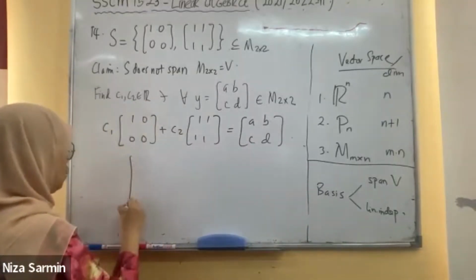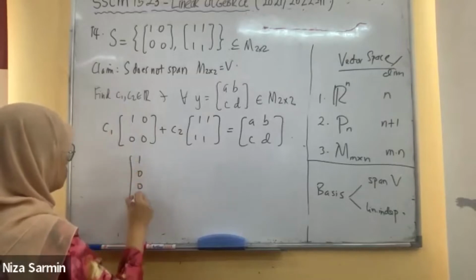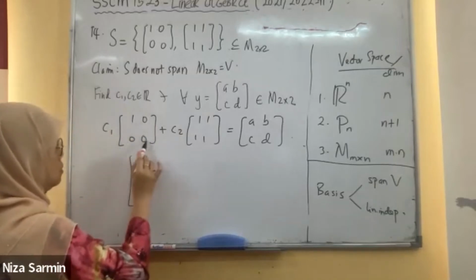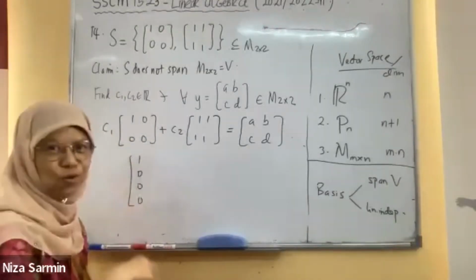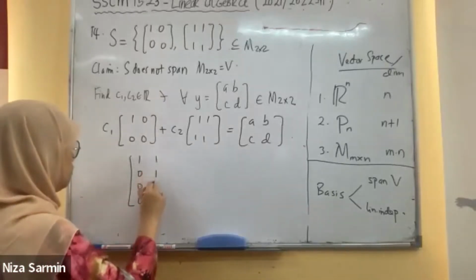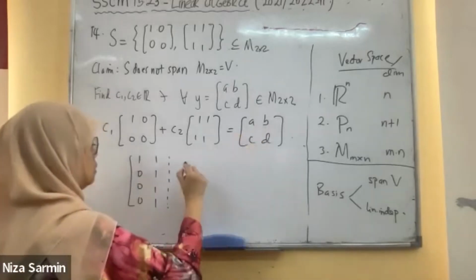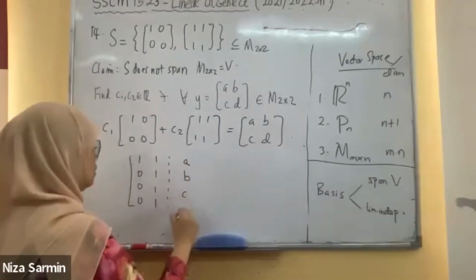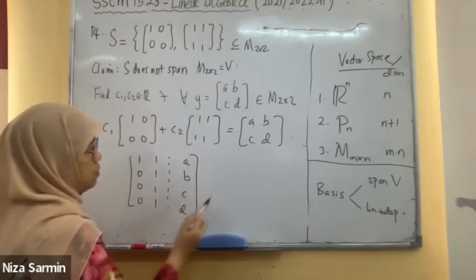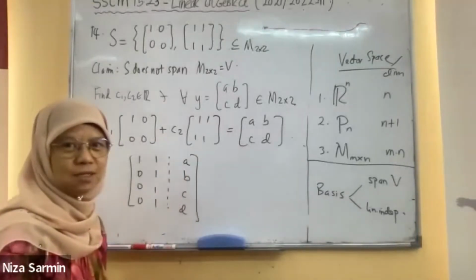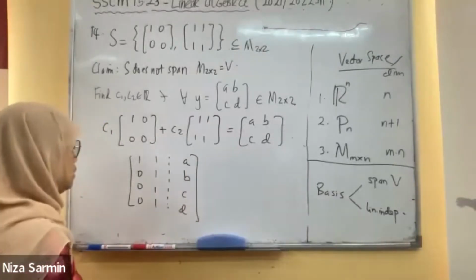Okay, if you do like this, I do by row, yeah? But it doesn't matter because it's the same, by row or by column. It matters here. So A, B, C, D. Even if you put A, C, B, D, it's the same in this case. Okay.